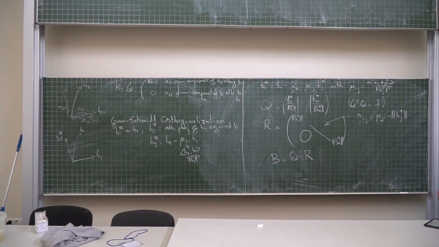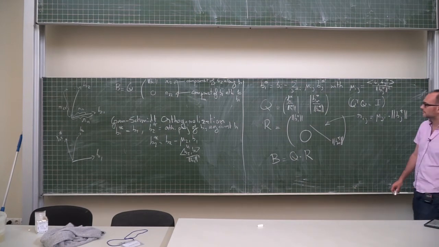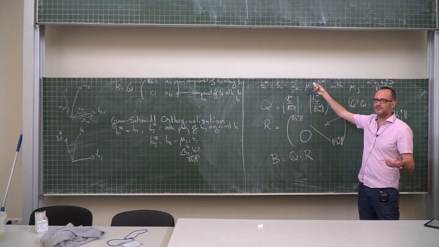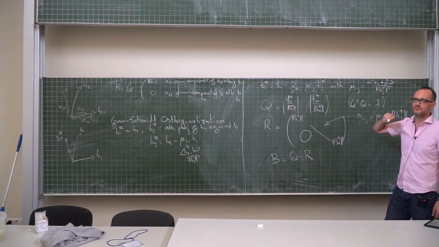Any questions so far? Yes. Why do we swap the indices? You swapped the indices in R and mu. Yeah, because that's how the mu ij's are defined. So it's confusing.